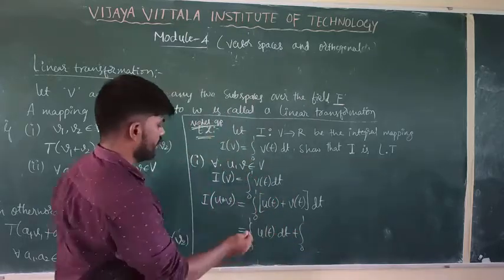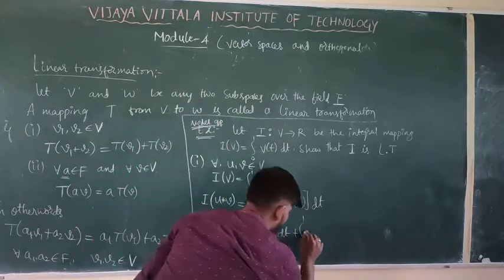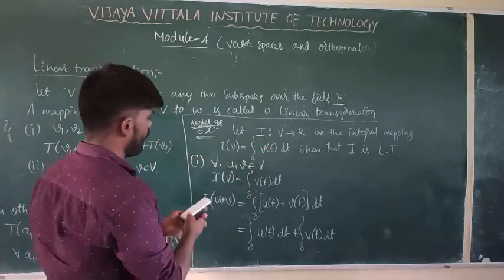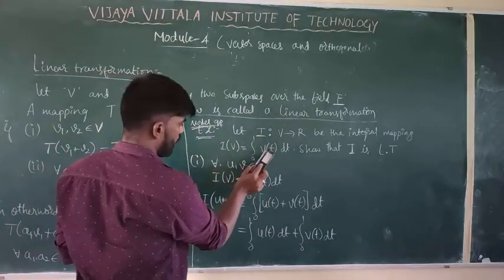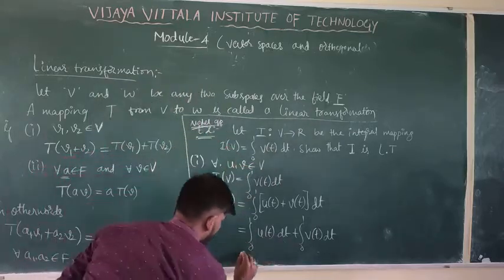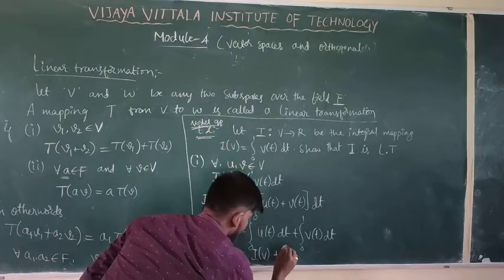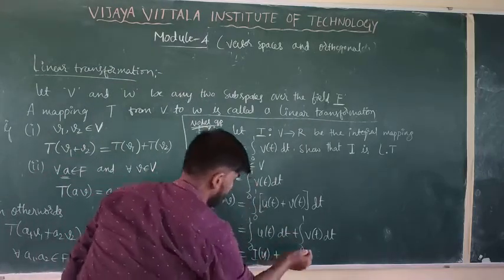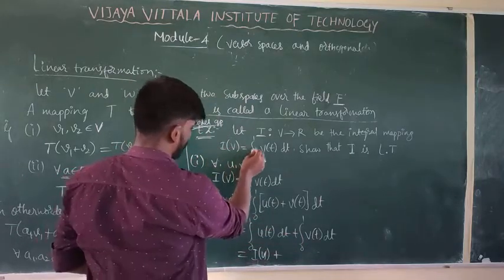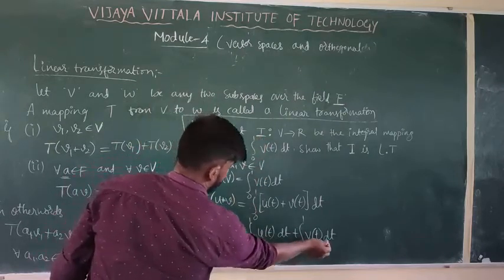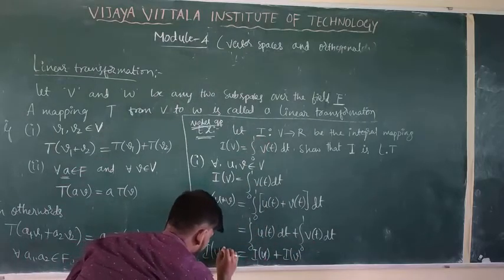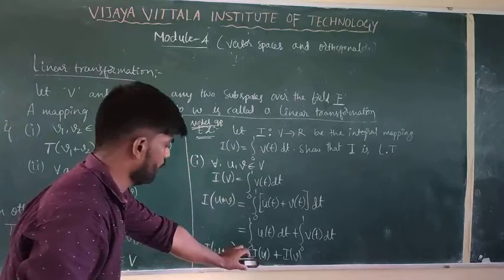We are splitting the integral for both functions. Given I of v is the integral from 0 to 1 of v of t dt, the first integral is nothing but I of u and the second is I of v. Therefore, I of u plus v is I of u plus I of v.